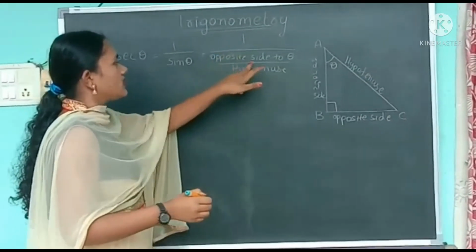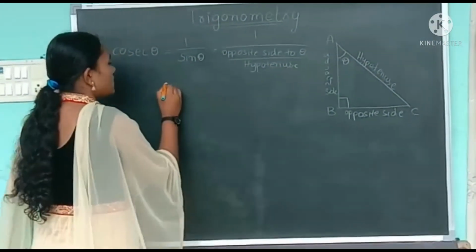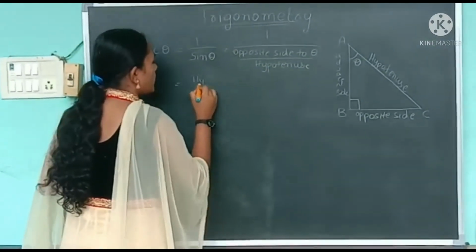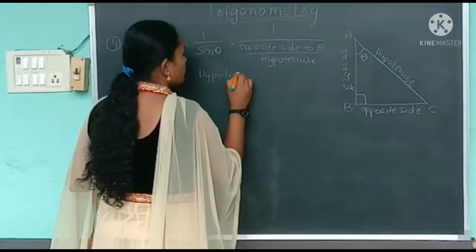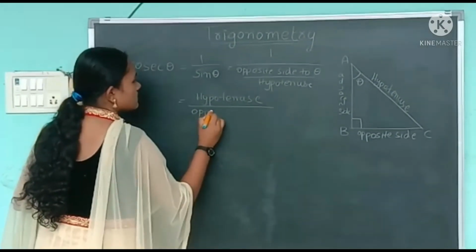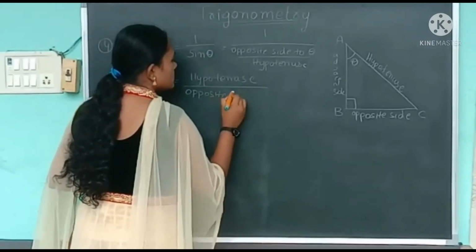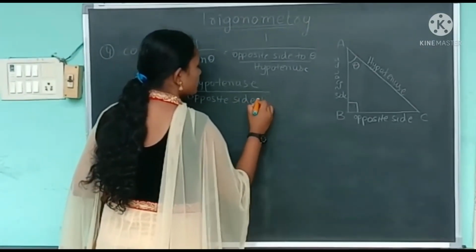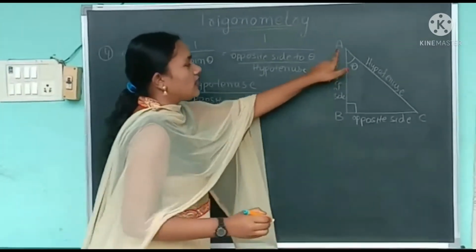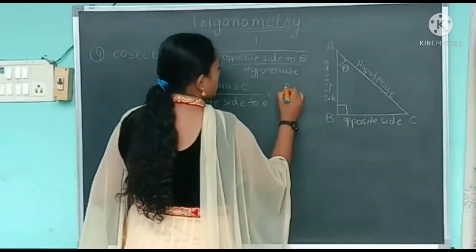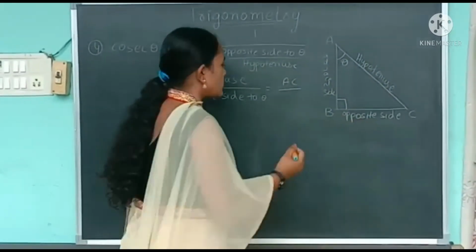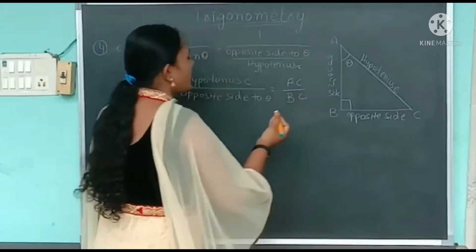So 1 by opposite side by hypotenuse, the hypotenuse will come upside, so it is hypotenuse by the opposite side to theta. In this figure AC is the hypotenuse, and BC is the opposite side to theta. So AC by BC.